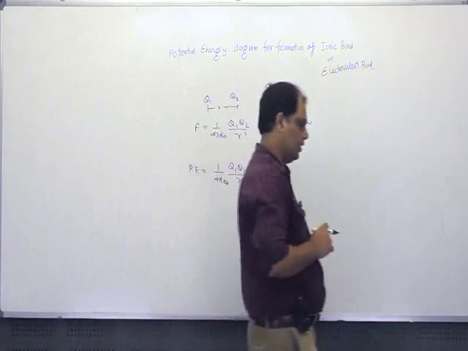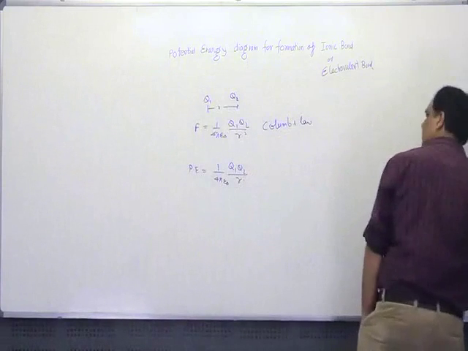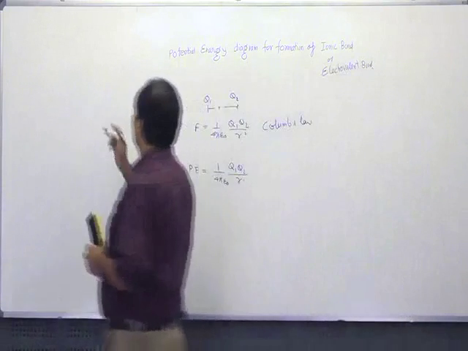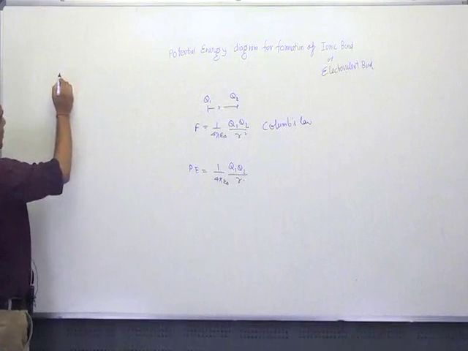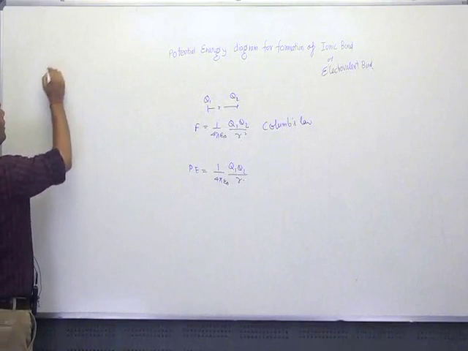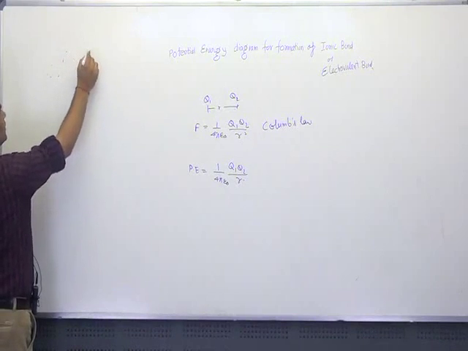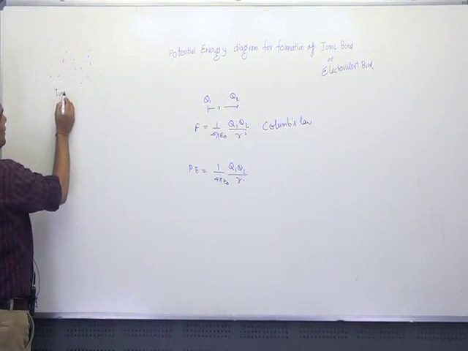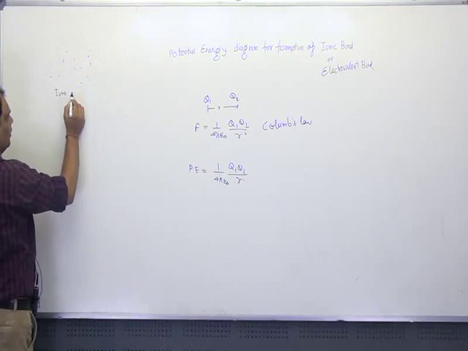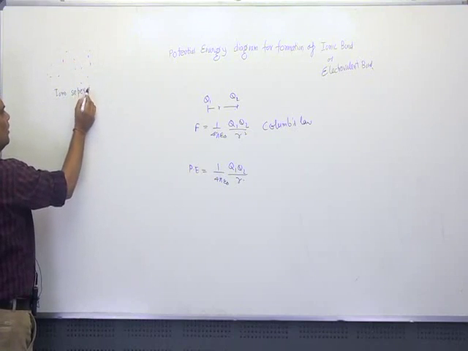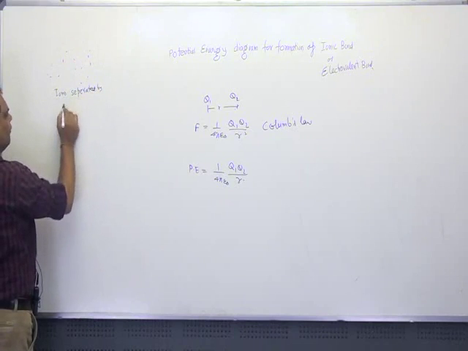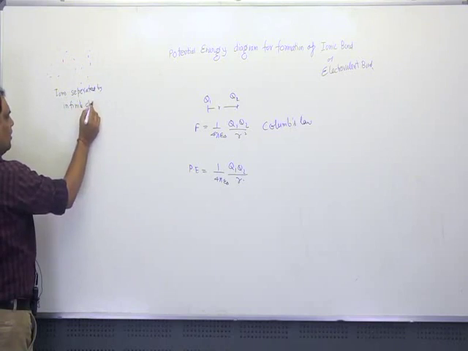Now we will consider, for example, we have some ionic compound, these are ions separated by infinite distance.